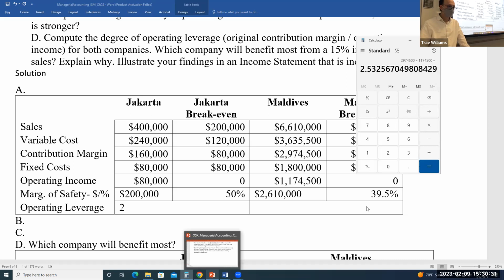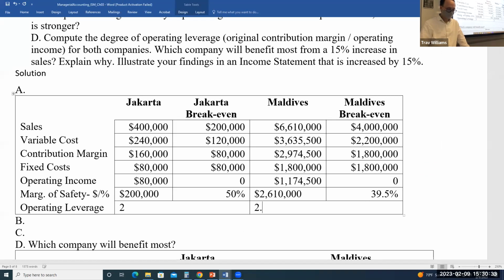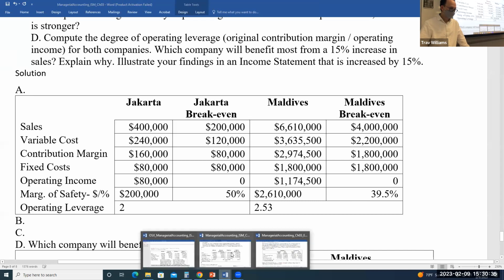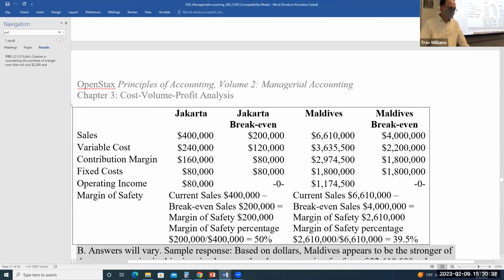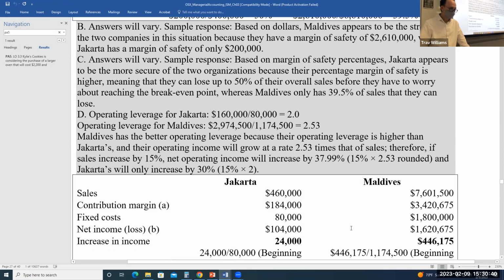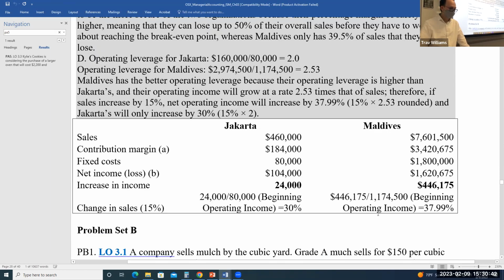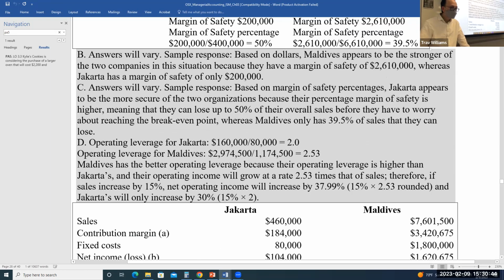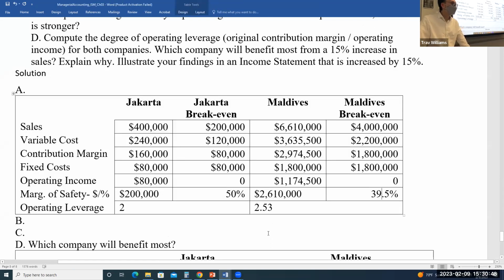Looks like 2.53. Oh, it's down here. Where is it? In here, so oh yeah, 2.53. Okay, good. All right, so we finished A.